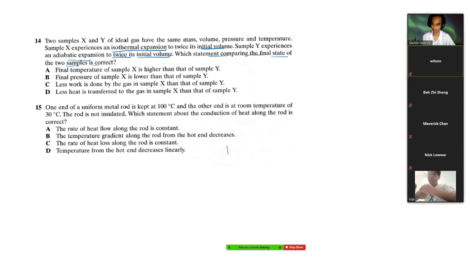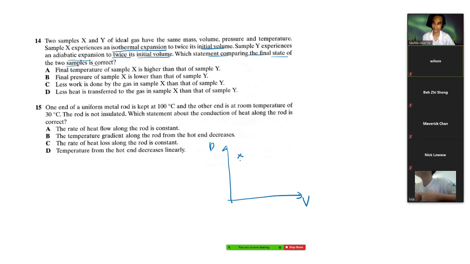Okay, we have to draw the PV graph first. It says twice the initial volume. This is about the temperature, isothermal. So let's say we start from here.